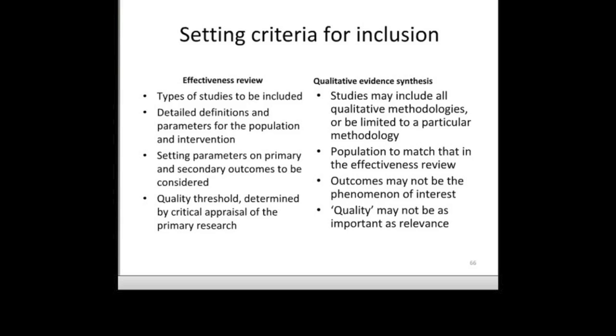Some would only address ethnographic studies and would neglect, for example, action research. So there are a lot of decision points to make there. It's best that the population that you research matches somehow that of the effectiveness review, although you can include broader or other populations as well if you like.